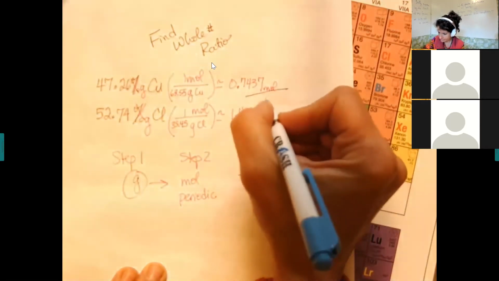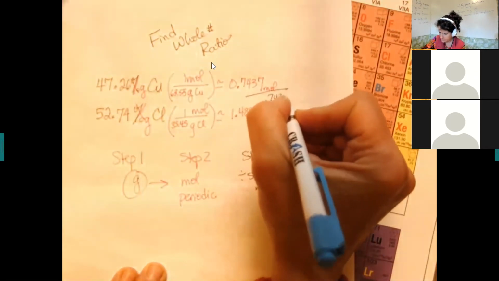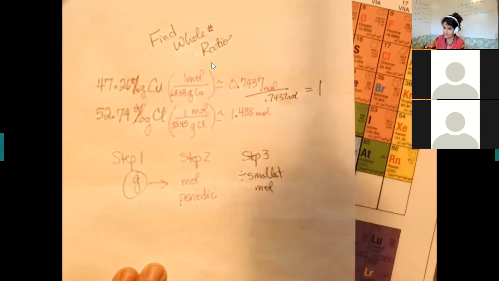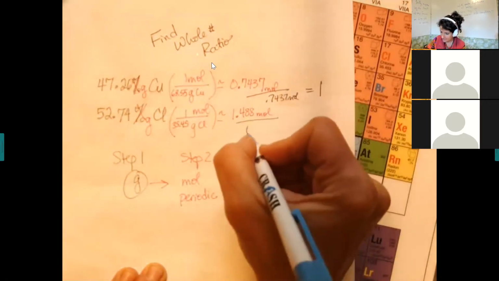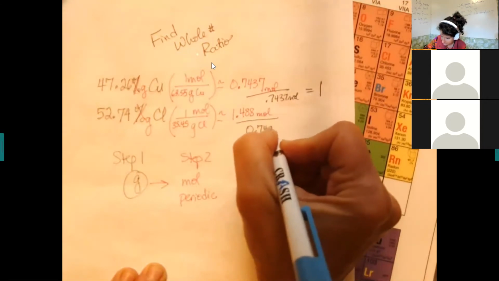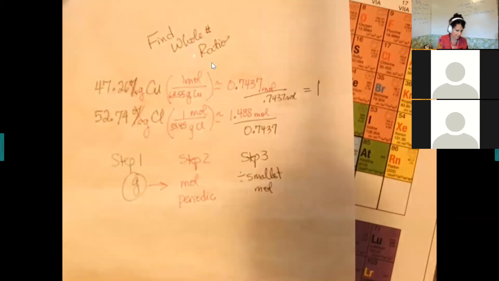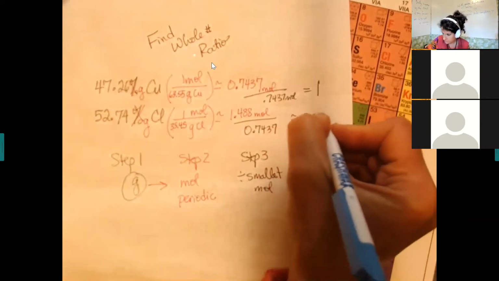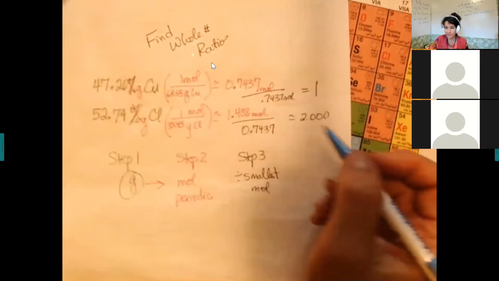That's why we divide by the smallest, 0.7437. One of them always comes out as 1, not necessarily our final answer, but in this step. Oh, is it going to be a 1 to 0? Picked the wrong question. I got a 1 to 2 ratio. It is, yeah. So it comes out as 2.0000. So it's a 1 to 2 ratio.